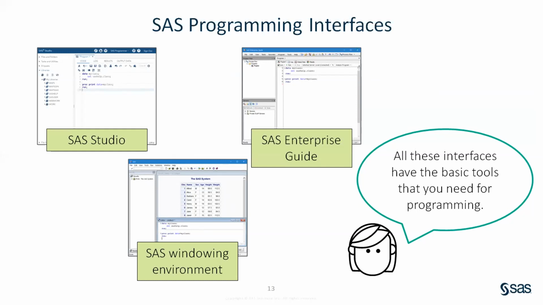It was the first version of the programming window itself. Later on, lots of development was done on this software, and they came up with a point and click as well as programming environment of desktop installation called Enterprise Guide, which has many features with just point and click application. And now, as most of the softwares are cloud based, SAS has also developed this cloud programming application named SAS Studio.